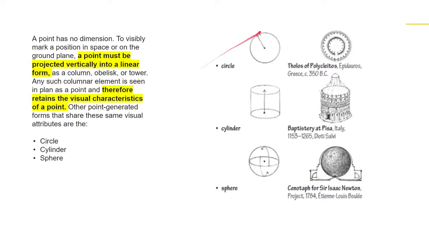Another example of a point is in a circular plan view. So you have the circle. The circle has a central point, so it actually draws your eye here. This is very prevalent in classical architecture where the dome would serve.